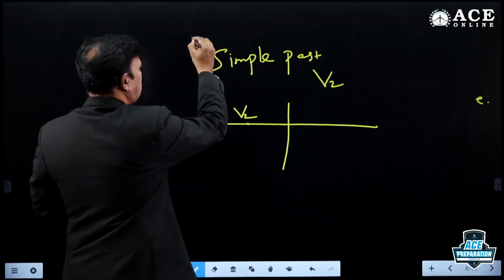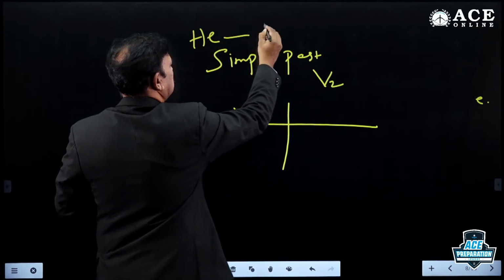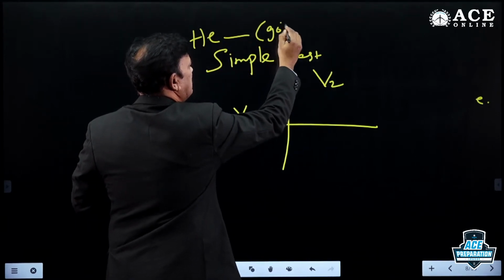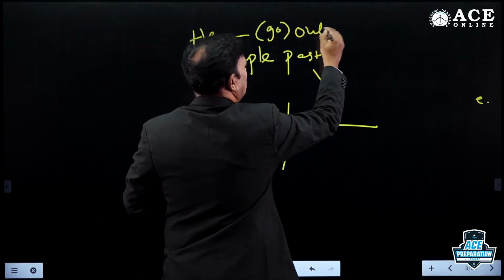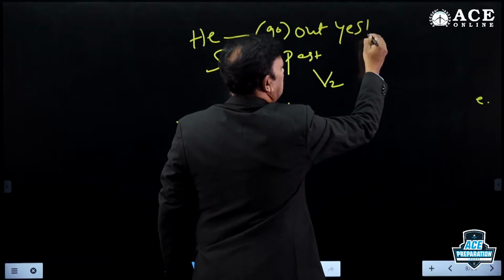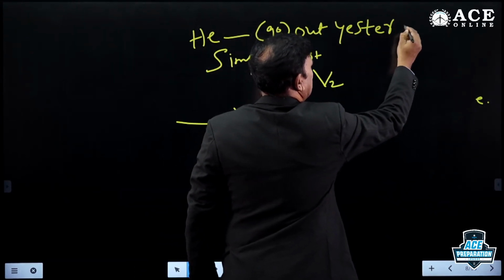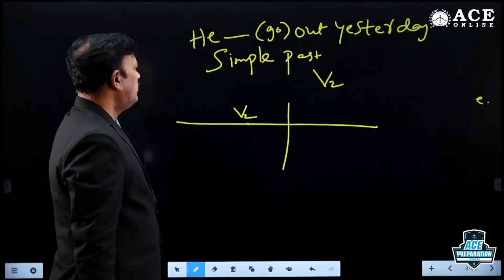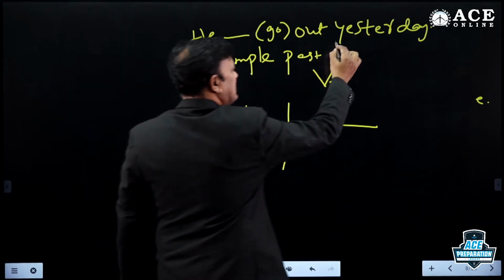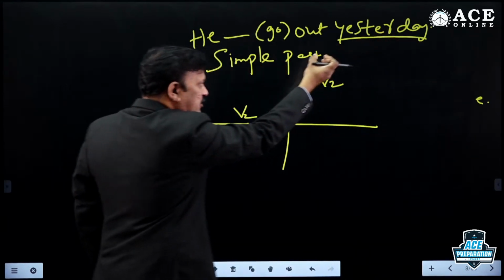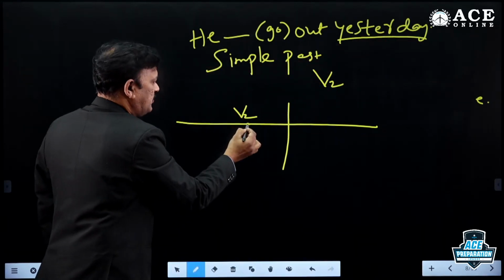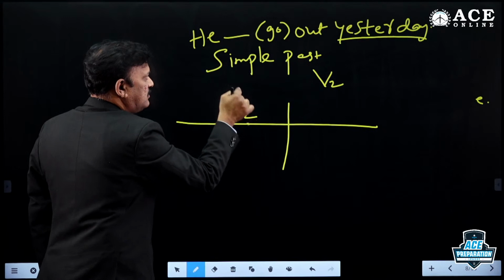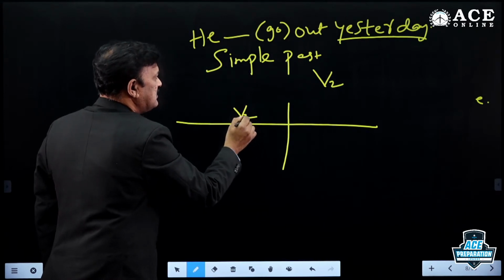Look at this. This is the base form of the verb. Yesterday. Where is the time? Yesterday. Where do you think I need to take this yesterday and put it on the time machine? Obviously here. The moment action and time is here, this is the part.